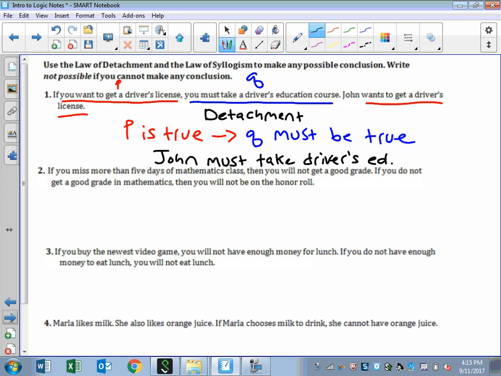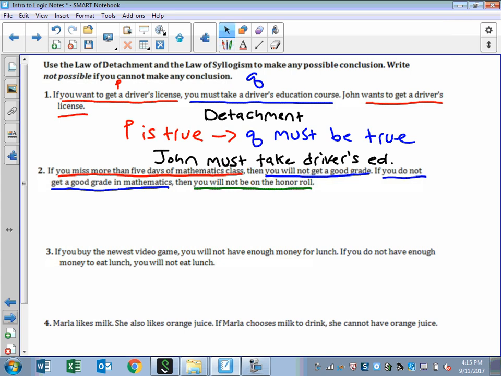For number 2, we have if you miss more than 5 days of a mathematics class, then you will not get a good grade. Then you see if you do not get a good grade, which is the same as the conclusion from the first conditional statement, then you will not be on the honor roll. So again, you see the two blues are connected. They connect the two statements, so you know that that's the law of syllogism.